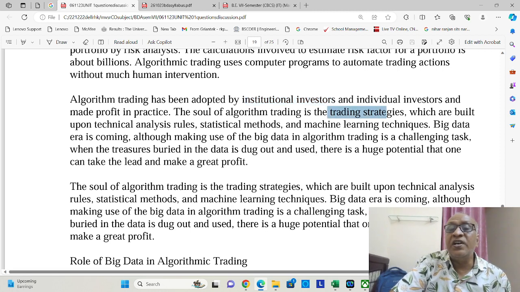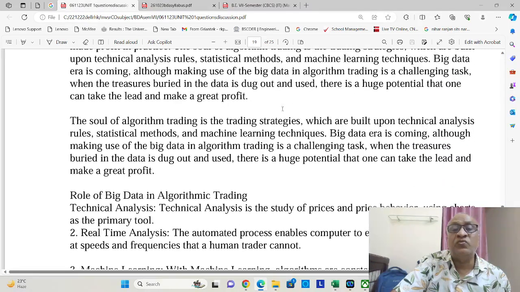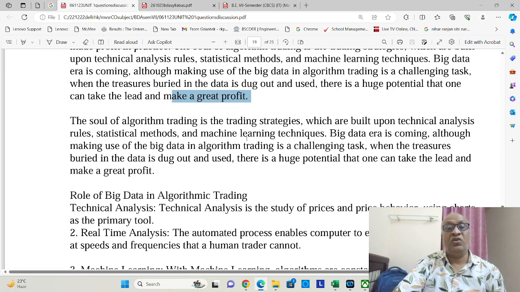What the algorithmic trading does is it has trading strategies which are based on technical analysis rules, statistical methods, machine learning techniques. So, in the context of big data, you have big data to be dug out and used, and there's a chance of making heavy profits.